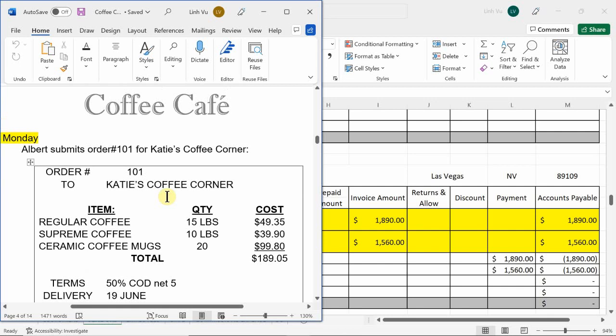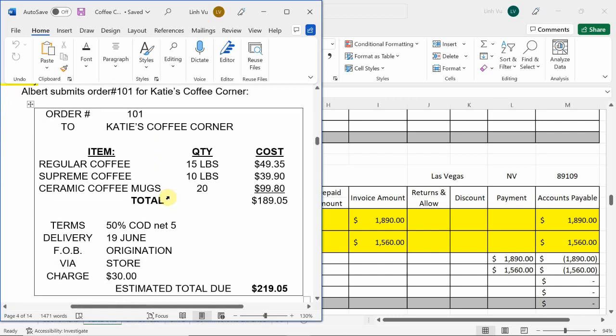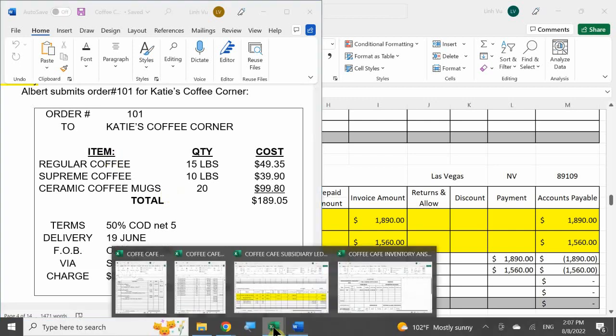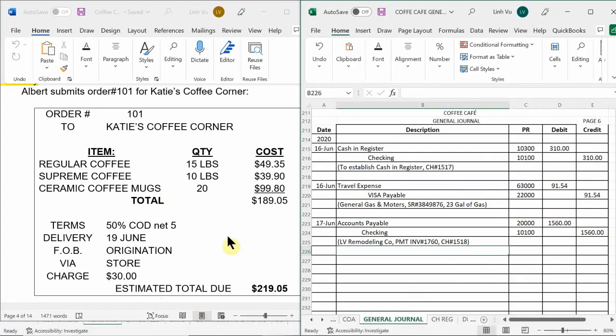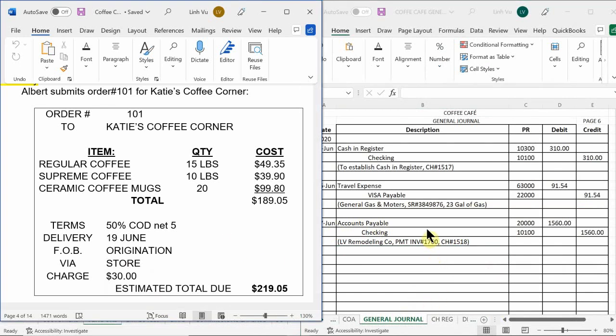So Albert submits an order number 101 for Katie's Coffee Corner. This is what Katie has requested to purchase from us. We'd have to do a sales order.